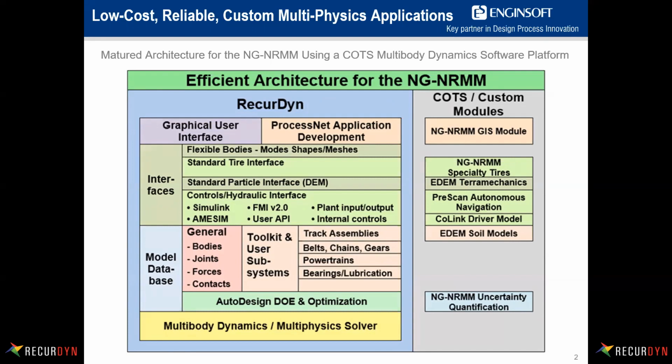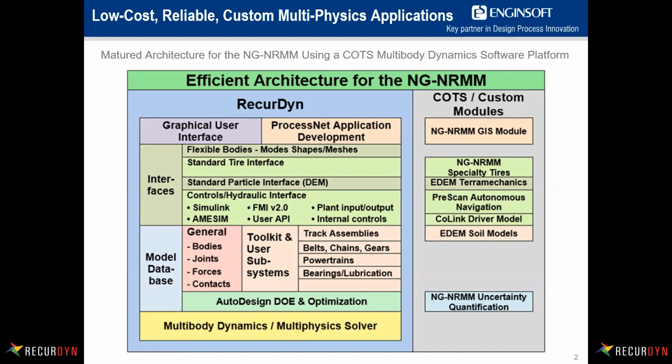And so as we look at some of the interfaces that exist, we can evaluate how they compare as far as needed capabilities, but also how they compare with custom modules that are needed by the NRMM. One is flexible bodies, which can be represented as linear mode shapes or as a nonlinear flexible body.